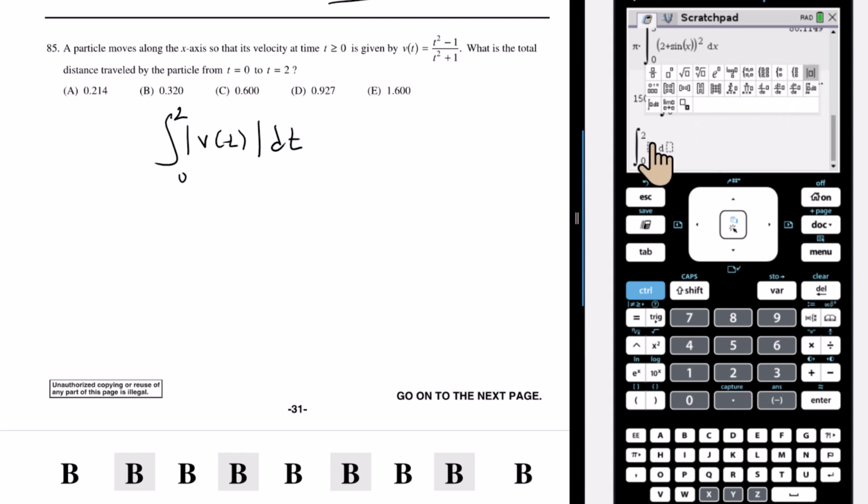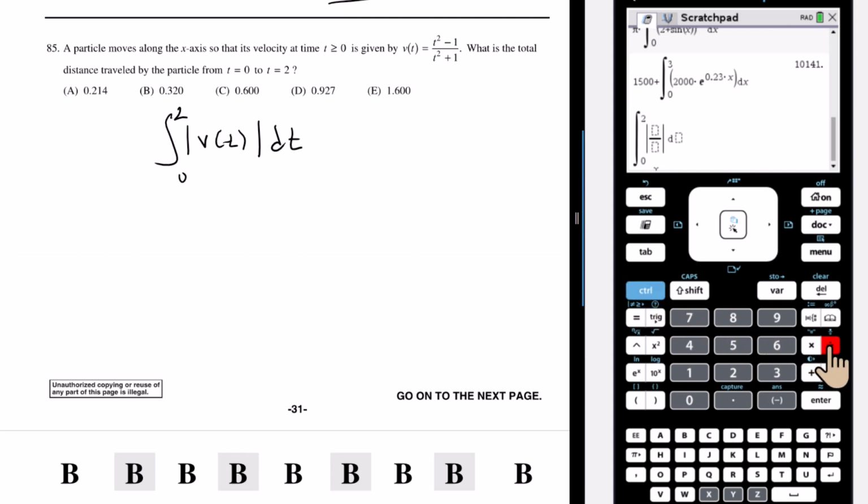It's not liking it. There we go, it was sticking for a second. Once again, I'm not going to use the division button. I'm going to use second division or control division so that I can get a horizontal fraction bar.